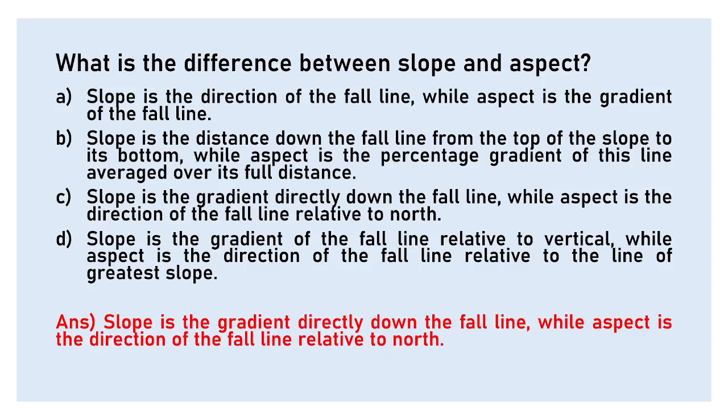The answer is: slope is the gradient directly down the fall line, while aspect is the direction of the fall line relative to north. Basically, slope tells you about the inclination. For example, if we have a hill like this, this is the slope. And aspect is the direction relative to north. If this is north, then relative to north, in which direction is the slope going? That's it.